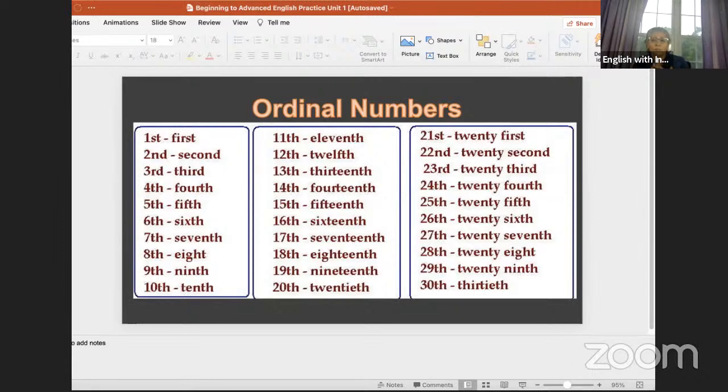You don't need to memorize all these, because most of you know these numbers, right? But you just need to know where you use the ordinal numbers and where you use the cardinal numbers, and how you use them in words or in numbers.